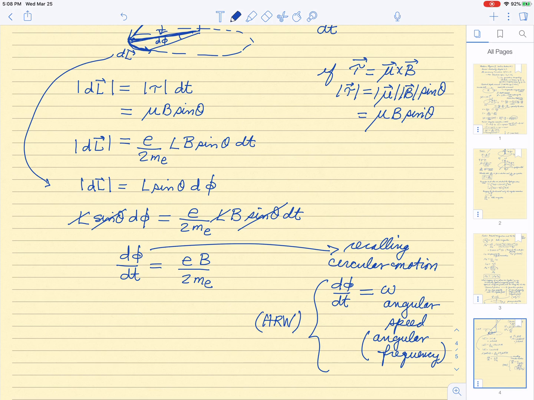So this then is defined. Then we're going to define omega_L to be d phi dt, which then is e B over 2 m_e. And omega_L is called the Larmor frequency.